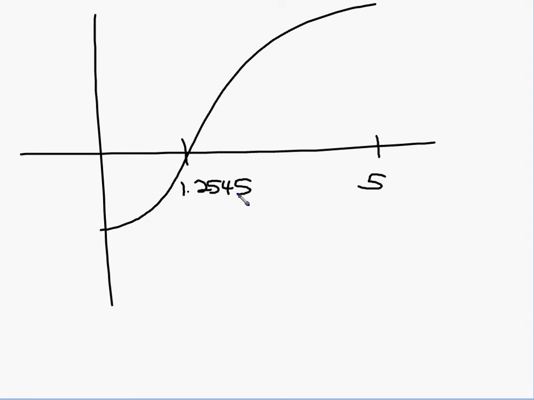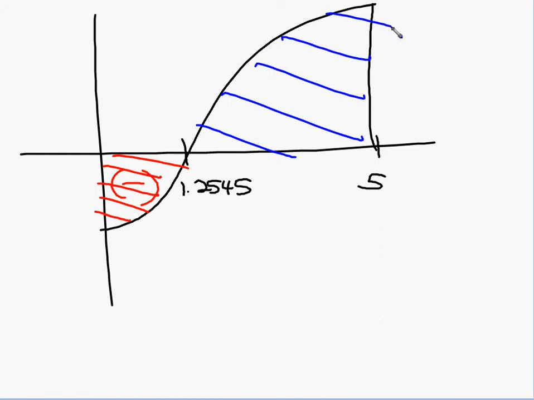Well, what I want you to remember in terms of integrals is that this area down here is negative, and this area up here is positive. So if I'm going to do the absolute value of this thing, I have to change the sign of this part right here.